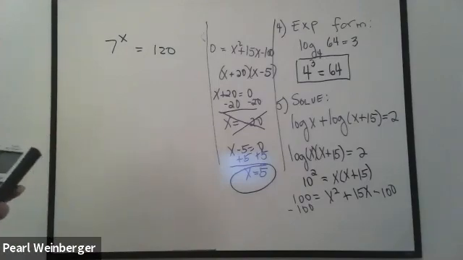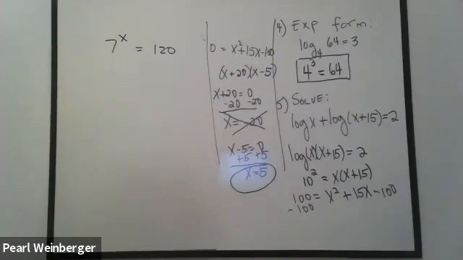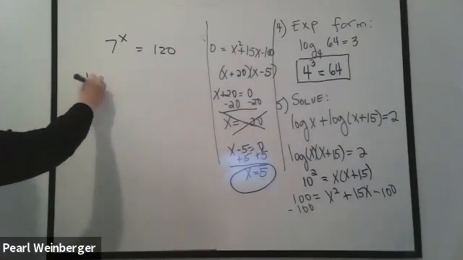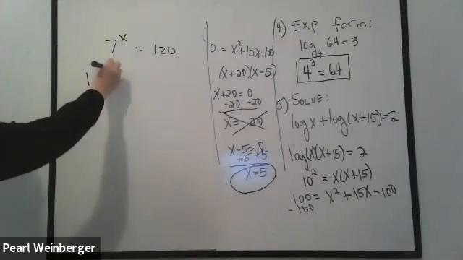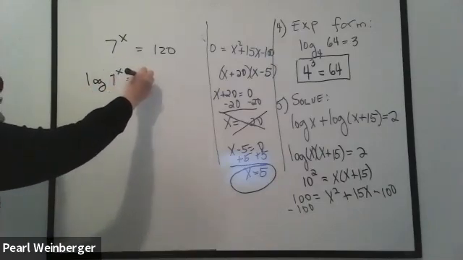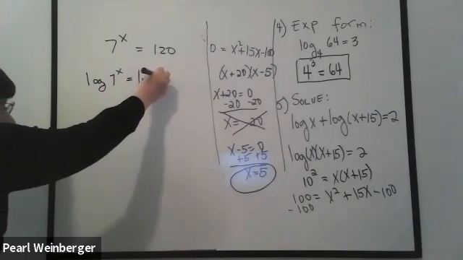It's equal to 343. So the way we do this is by putting the word log in front of both expressions. We do log 7 to the x equals log 120.